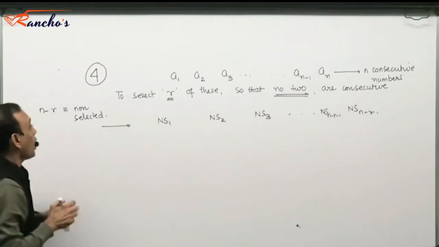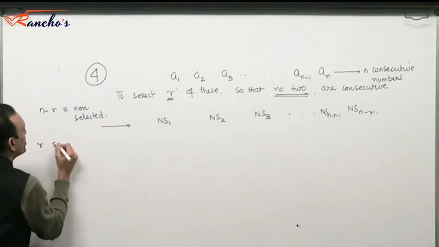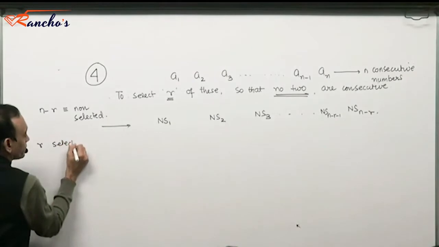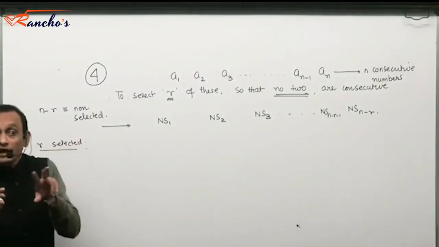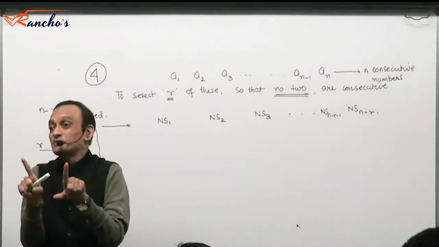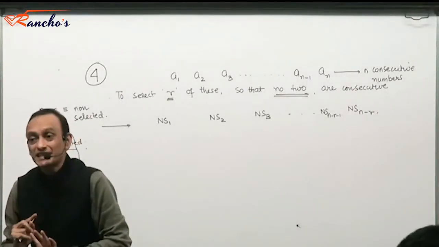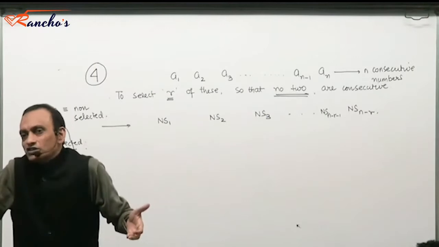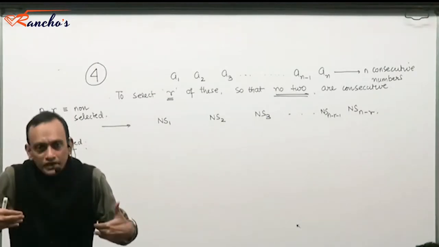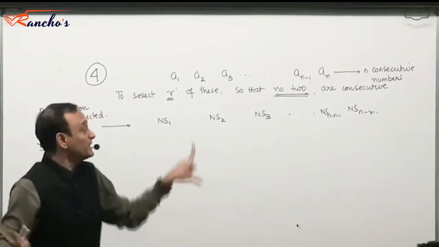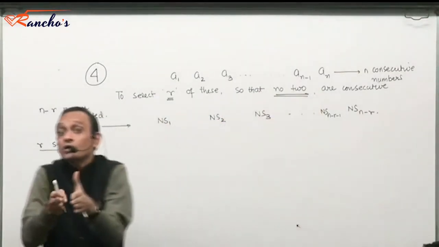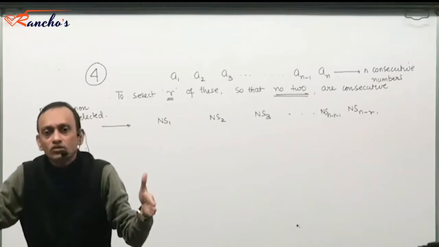Right? How many have to be selected? r have to be selected. And every two selected must be separated by at least one non-selected so that no two selected are consecutive. Yes or no?